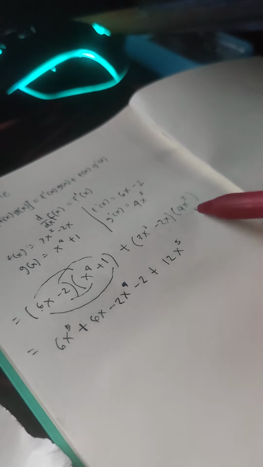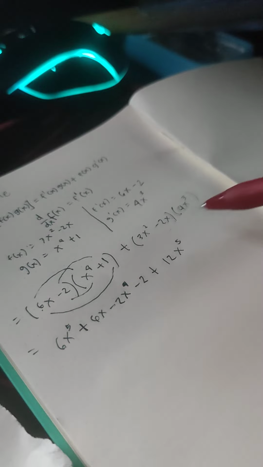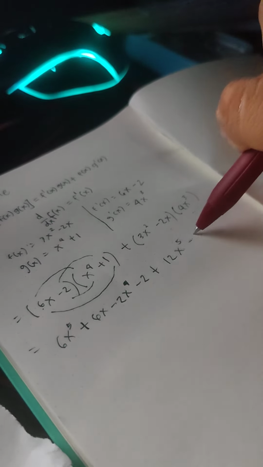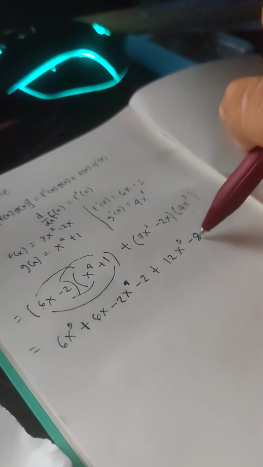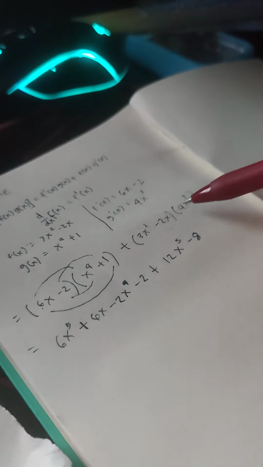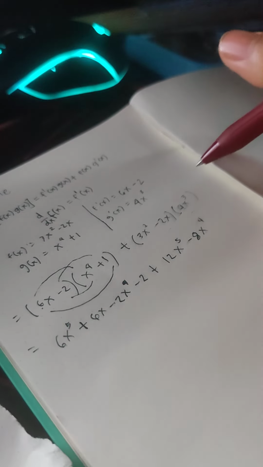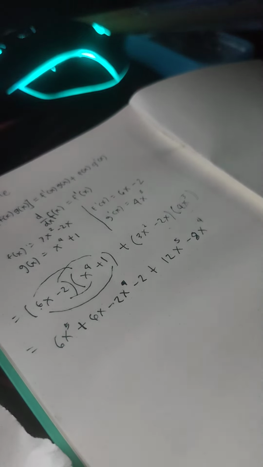And then this 2 naman. So 4x cubed times negative 2x. So first the numbers, negative 8, because negative 2 times 4 is negative 8. Then you add the exponents. So that's x raised to 4. Ayan.